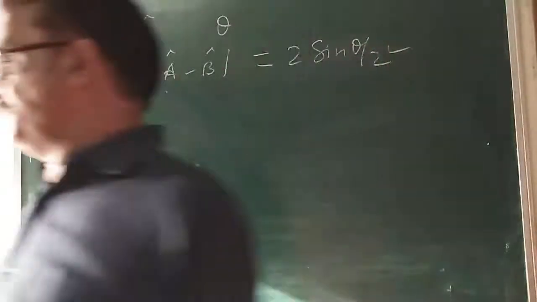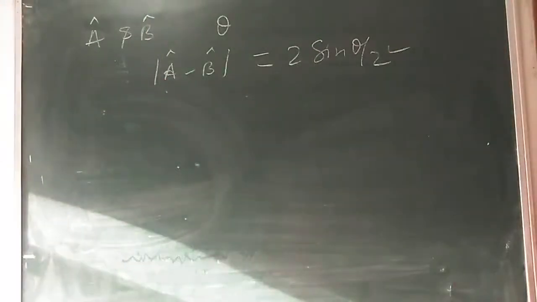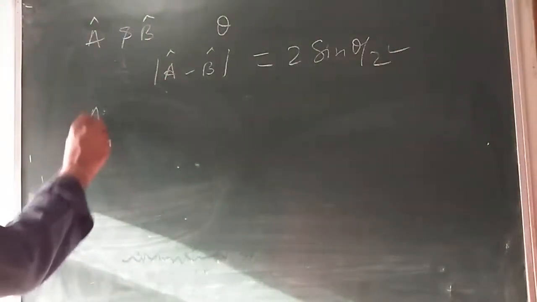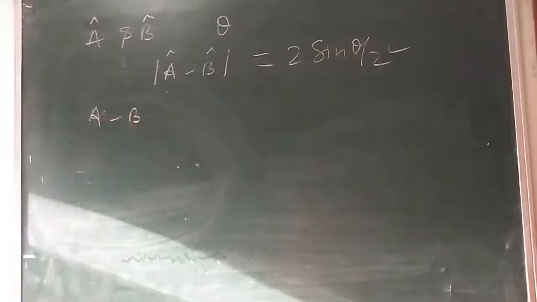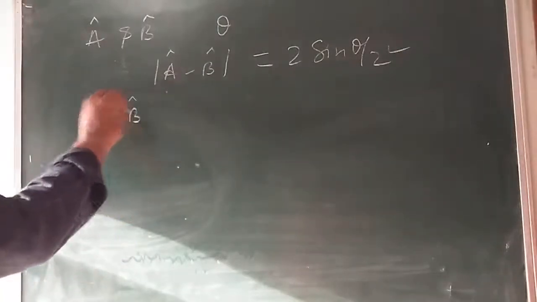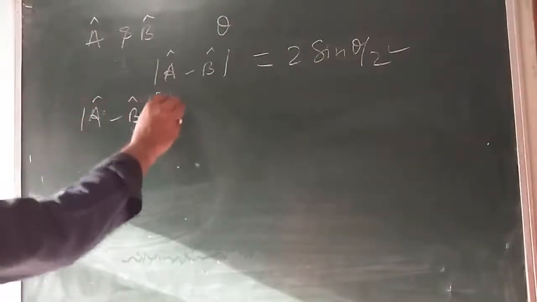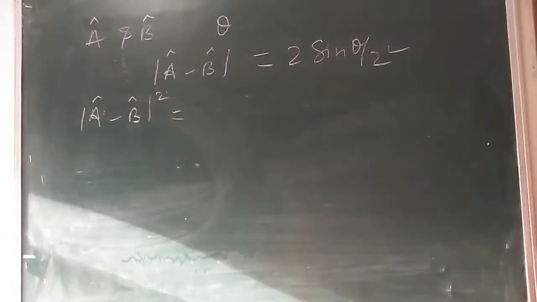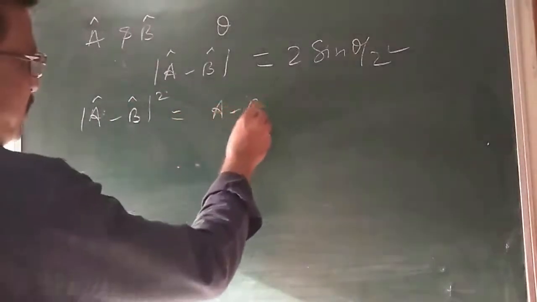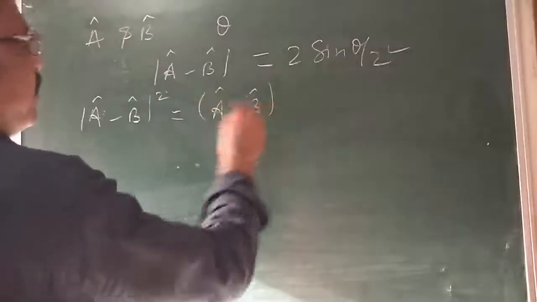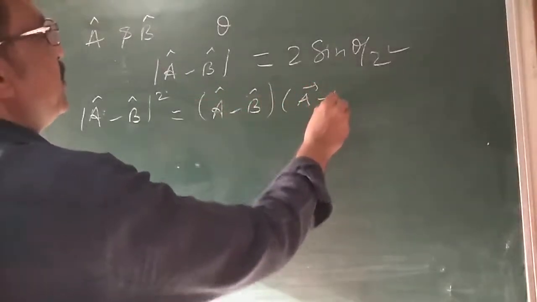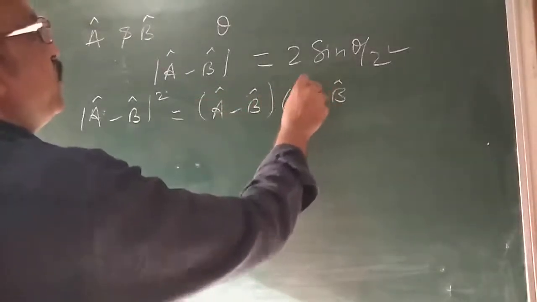See here. We know that A minus B whole square, we know very well. Solve it. That is A minus B into A minus B. Here all are unit vectors.